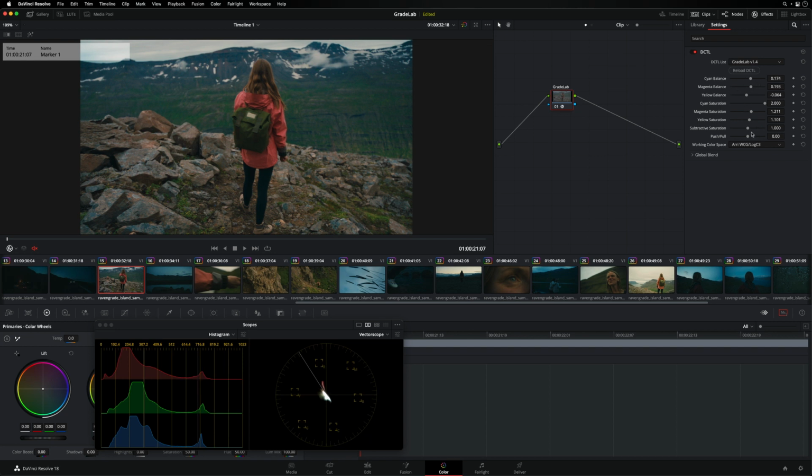And what's fun about that is you can even then go in and add more subtractive saturation, and it's going to be weighted or favored toward whatever channels you added the most saturation to up above. So you can add overall saturation, but if we look at the net of what Gradelab is now doing, we're adding saturation everywhere, but we are adding the most saturation to our cyan, and the second most to our magenta, and the least to our yellow. So it's a nice way of not just globally increasing saturation, but increasing saturation on a per channel basis, and of course in a subtractive mode.